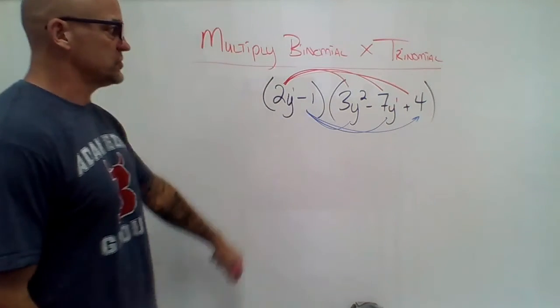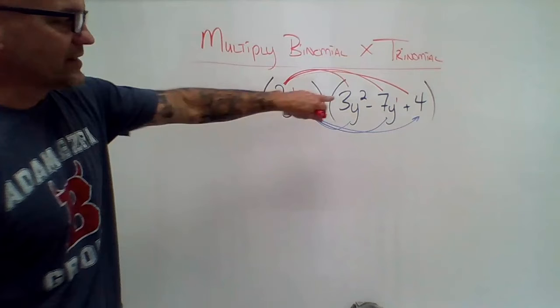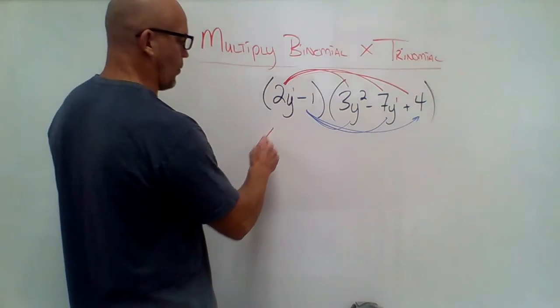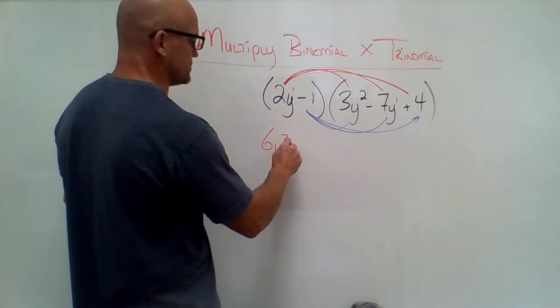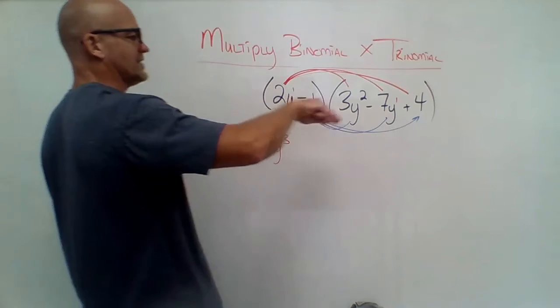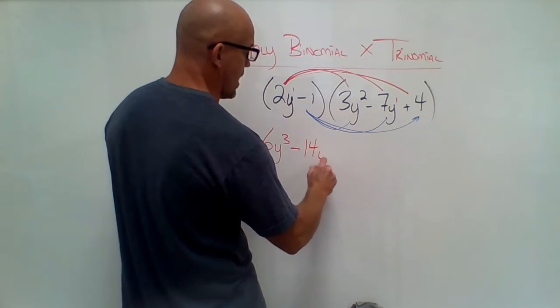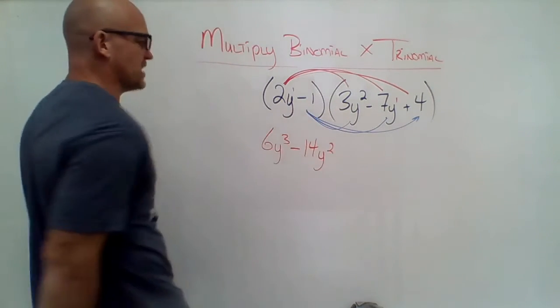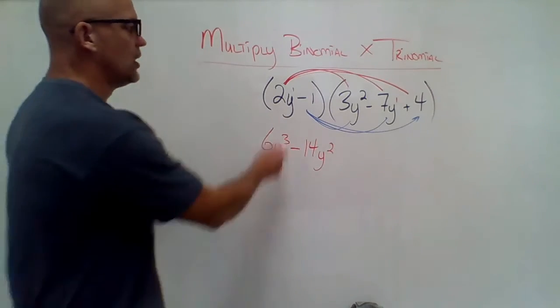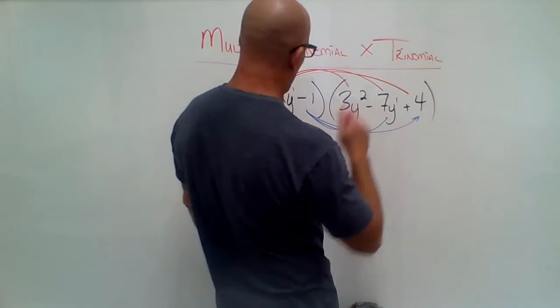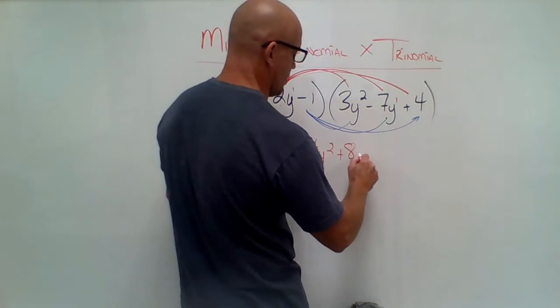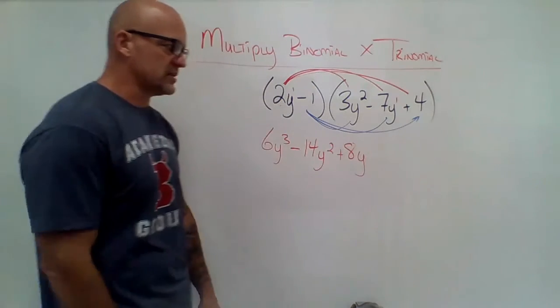Do not forget about those. 2y times 3y squared is going to give me 6y cubed, adding those exponents. 2y times the negative 7y is going to give me negative 14y squared. When I add those exponents, 1 and 1 gives me a square. 2y times 4 is just going to give me positive 8y.